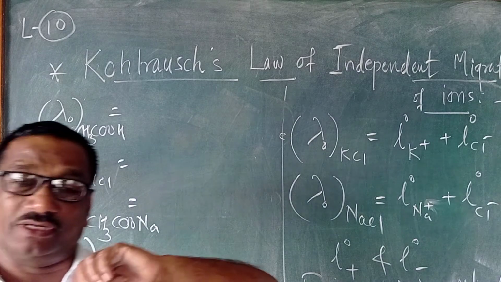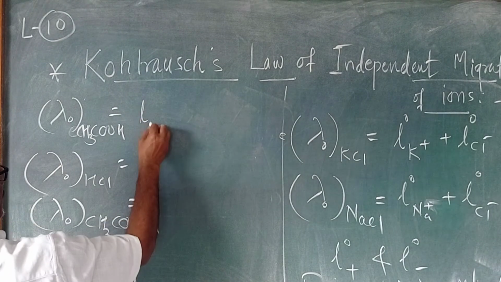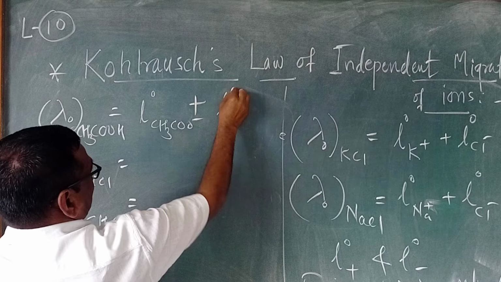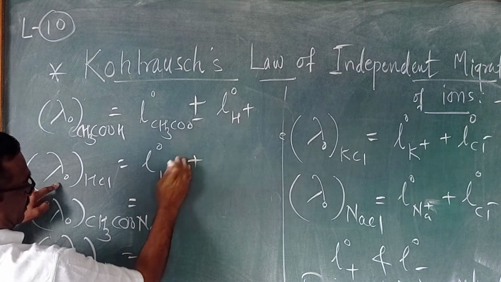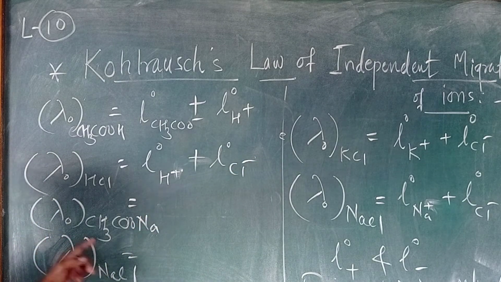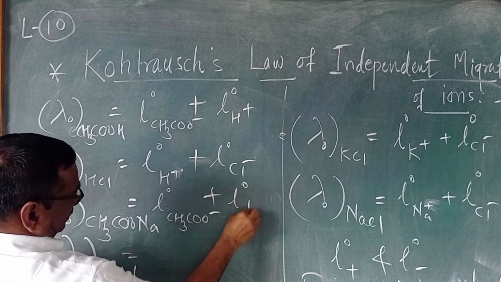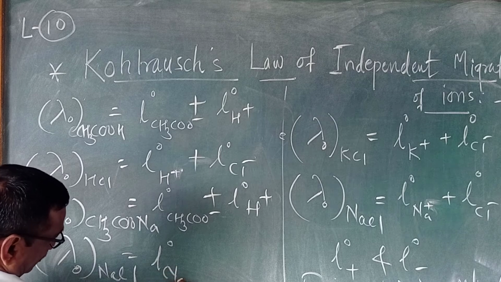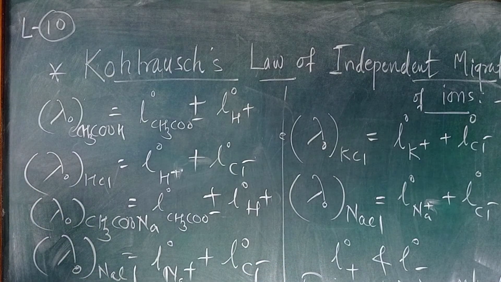When each ion migrates independently at infinite dilution, you can write: lambda 0 for CH3COOH is L0 CH3COO minus plus L0 H plus; lambda 0 for HCl is L0 H plus plus L0 Cl minus; lambda 0 for sodium acetate is L0 CH3COO minus plus L0 Na plus; lambda 0 for NaCl is L0 Na plus plus L0 Cl minus.